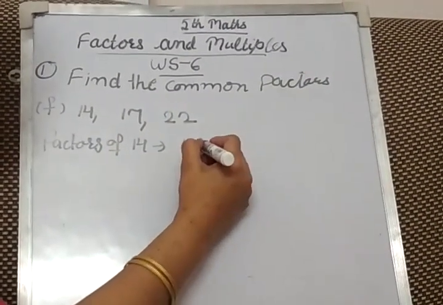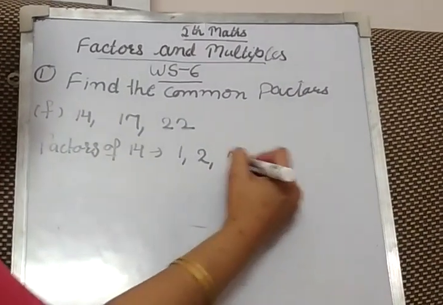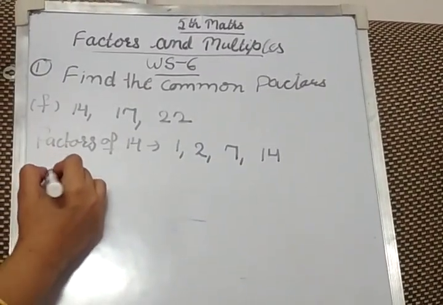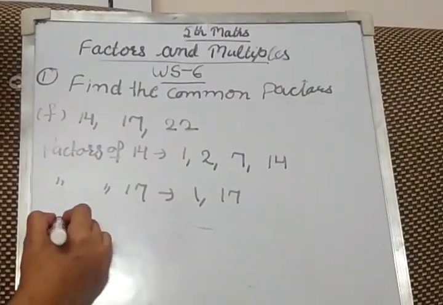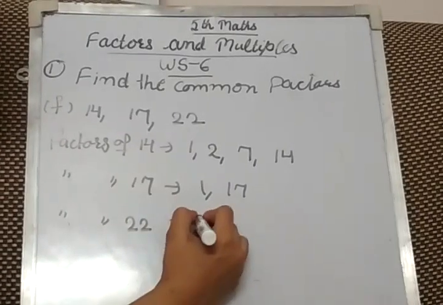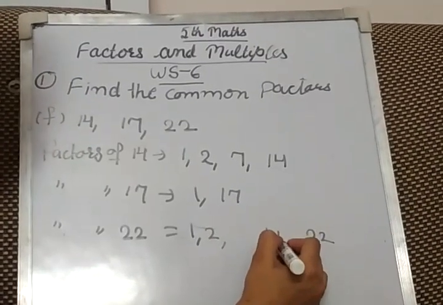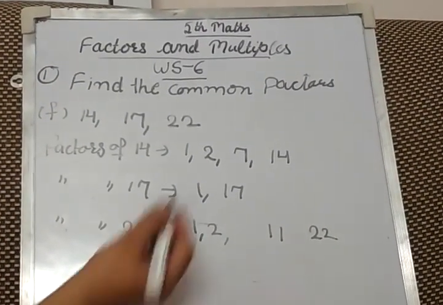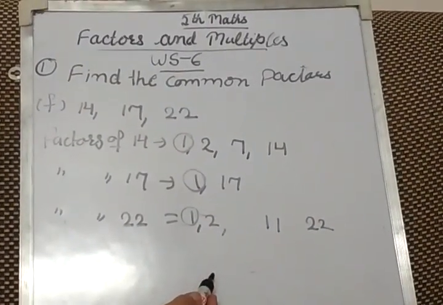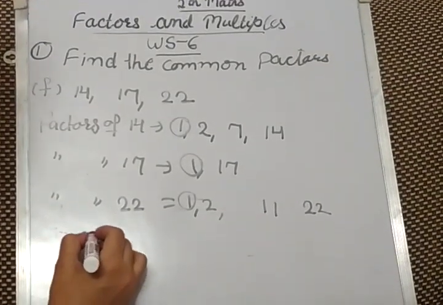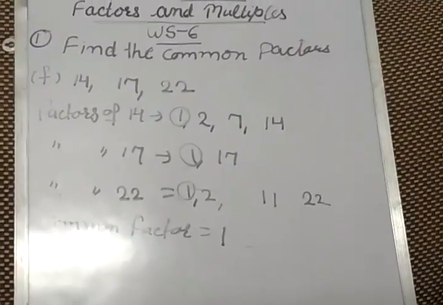On whose tables does 14 come? On the table of 1, on the table of 2; on 3, 4, 5, 6 it does not come. 2 sevens come, and 1 and 14. Now factors of 17. 17 does not come on any table. It means only 1 and 17 are the factors. Now factors of 22. 22 comes on the table of 1, on the table of 2 with 11, and on 22. Now the common factor is 1. Like this you have to do this first question.